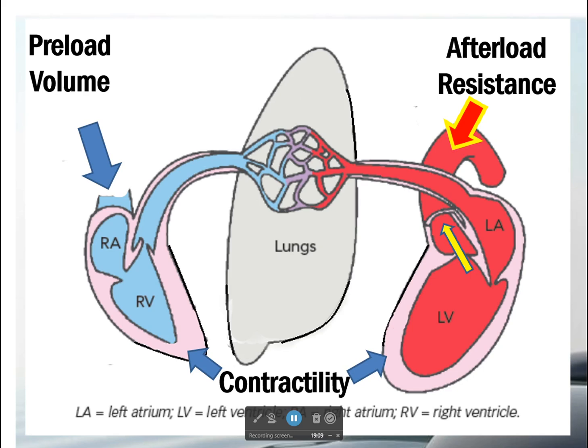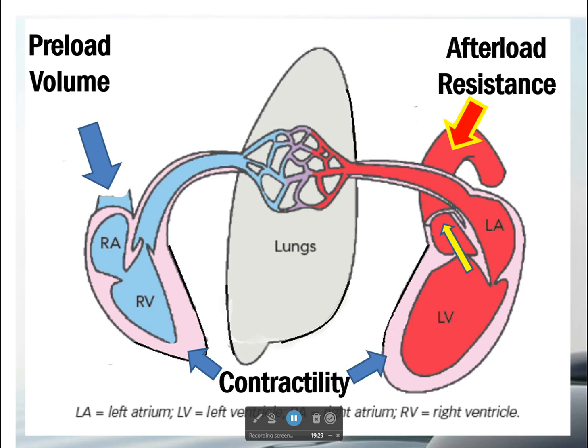The force that it takes to overcome this resistance is contractility. So both the right side and left side of the heart have preload. Both the right and left side of the heart have afterload, and both the right and left side of the heart have contractility.